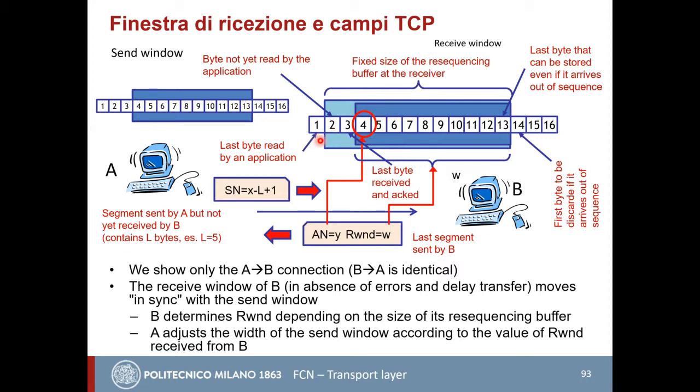Outside the buffer you have the last byte that was received correctly and also read by the application. As the application reads the bytes from the resequencing buffer, the resequencing buffer starts sliding towards the right. Okay.